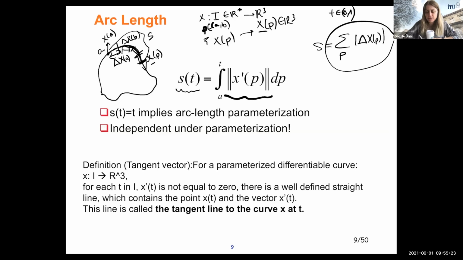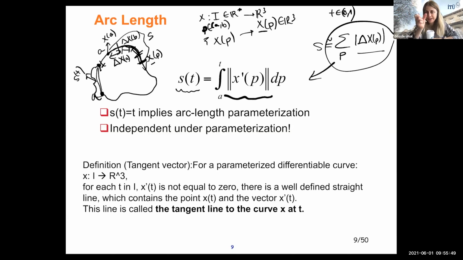Let's start again, from A to t. This point is t, this is A. Now the length will be S of t. This was a discrete sum with deltas, an approximation, of course, but I make it continuous here.